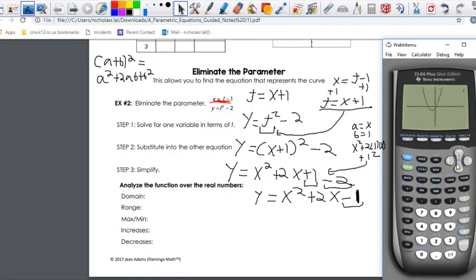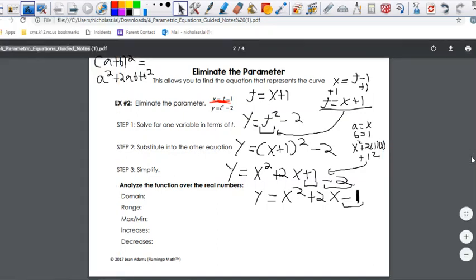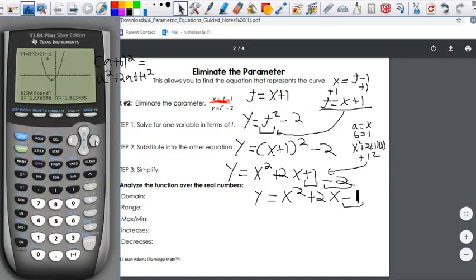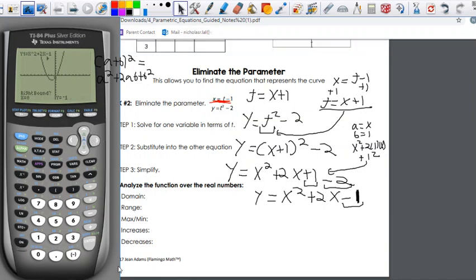Graphing the equation, we have a parabola, right? Tracing on that parabola, I think it's pretty clear our center is at negative 1, 1. If we really want to find that, we can calculate that minimum value. Just to find this minimum value, do a left bound and a right bound value.